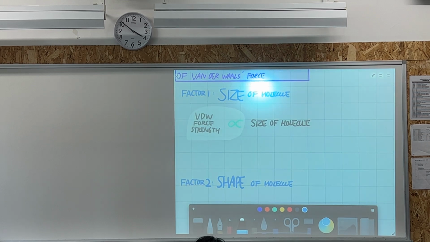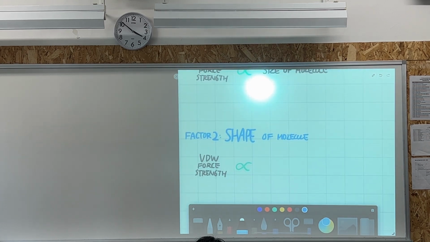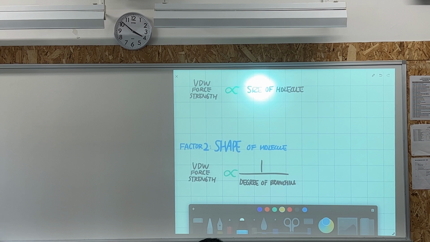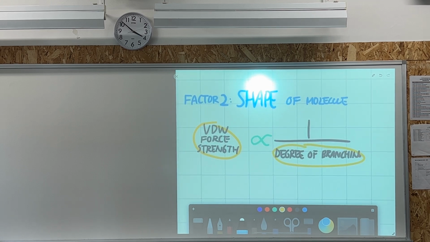We say van der Waals force strength is this time inversely proportional to the degree of branching. So how do we interpret this relationship here? So when you see this sort of relationship, for van der Waals force and degree of branching, are they directly or inversely proportional?